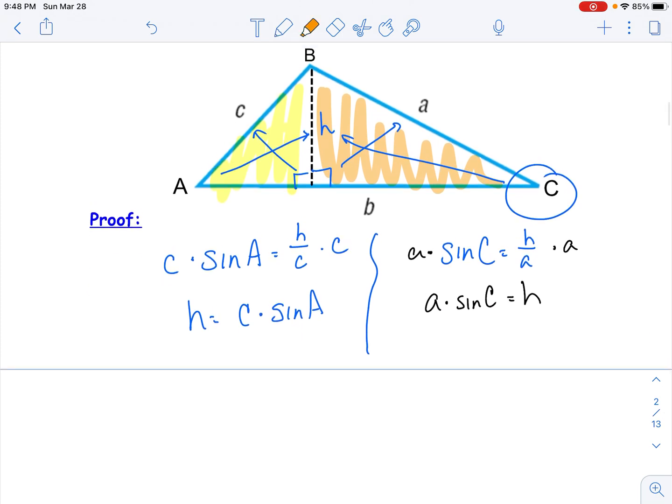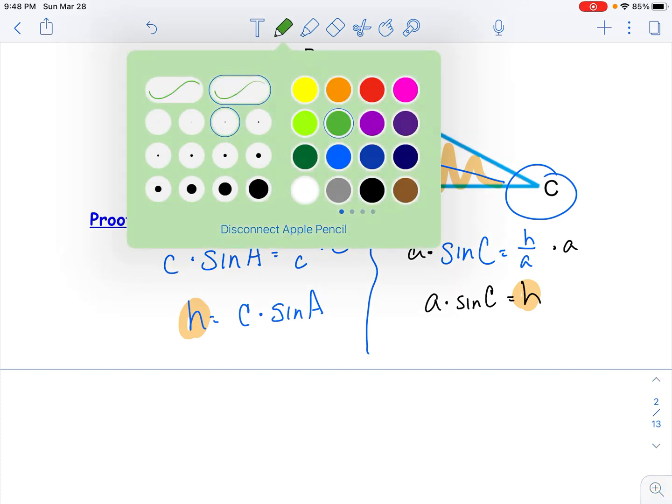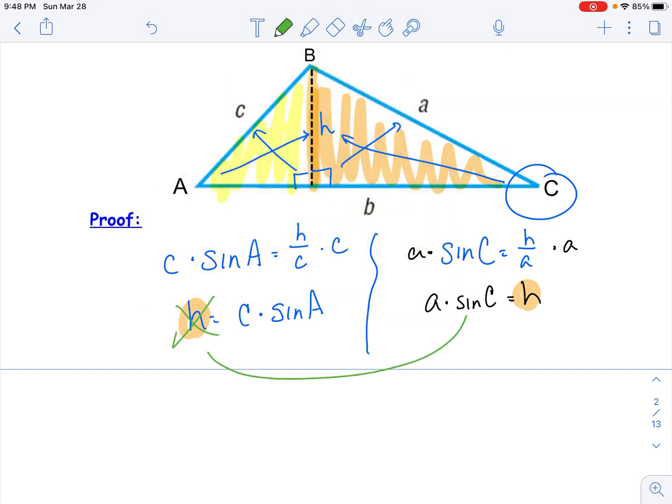The one thing we do know from this triangle is that the heights are the same, because they represent that same piece, the altitude of that triangle. So using substitution, I can take out this H and plug in what H is equal to.